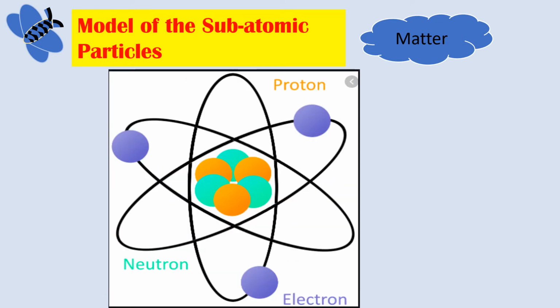The second model of subatomic particles is the nuclear model. Inside the nucleus are the protons and neutrons, and outside the nucleus are the electrons.